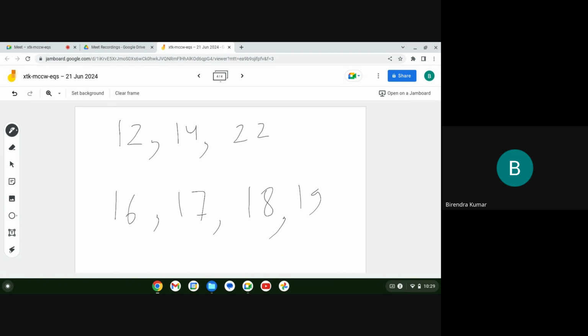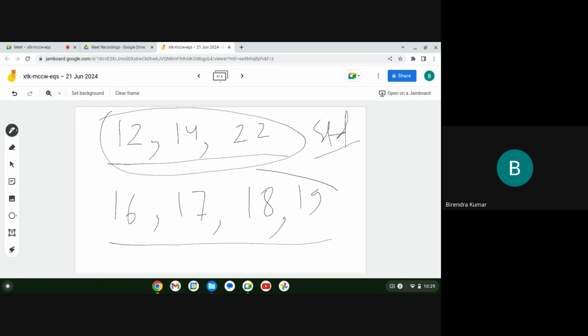Help me find out the standard deviation for this set of numbers. This is the first question. And this is my second question: find out the standard deviation for this set also. And then I'll tell you why I gave you a question like this. Can you guys do that real quick?